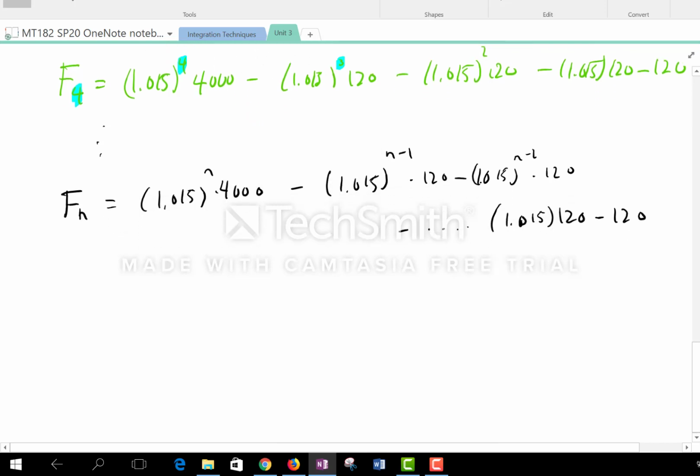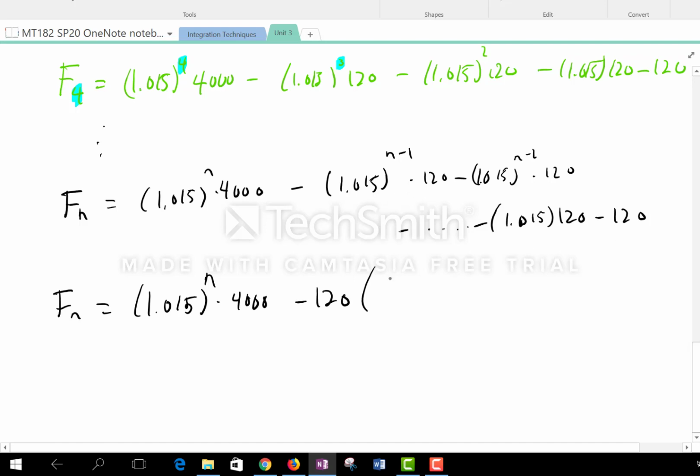Right now we want to get rid of this, and one thing we can do is observe that we can factor out the minus 120 from all of those. Just to save a little bit of time, I'm going to do 2 steps at once. I'm going to factor out the negative 120, and then I'm going to reverse all of the terms around. So factoring that out, we would really start with 1.015 to the n minus first, and we would end with 1.